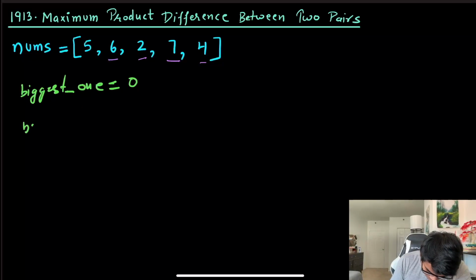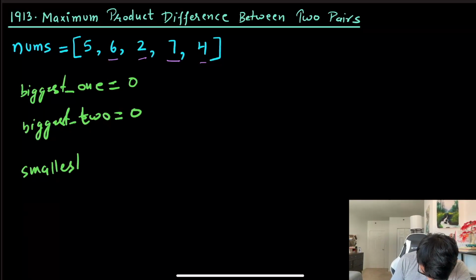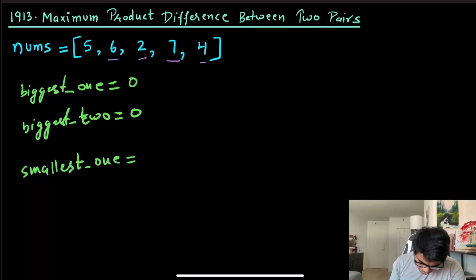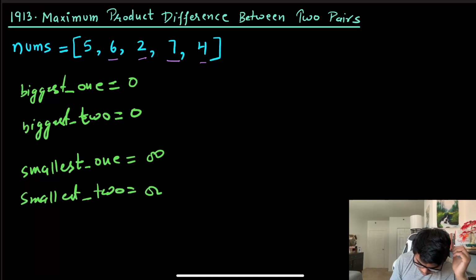Then biggest 2 is also 0. For smallest, we should start with the largest possible number so that we can decrease it, so smallest 1 is infinity, and smallest 2 is also infinity. Now we're going to go through our array.